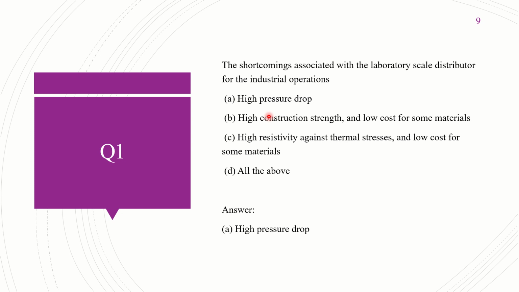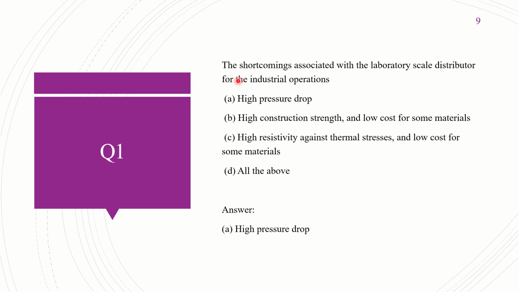When there is a high pressure drop, we need to pump the gas at a very high pressure so that it is compensated. So the pumping cost becomes more, which is one of the disadvantages. So option A is one of the disadvantages.